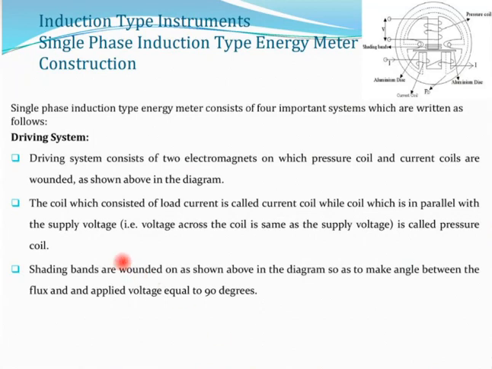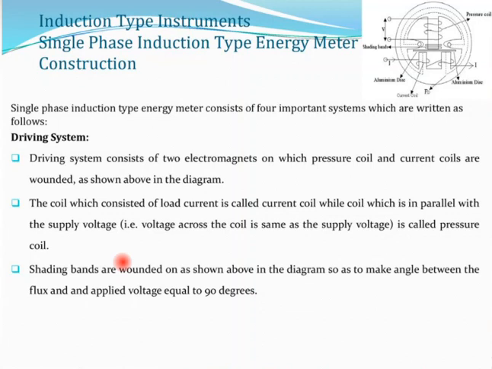Next, induction type instrument, single phase induction type energy meter construction. In this construction we will see the driving system. The driving system consists of two electromagnets on which the pressure coil and current coil are wound, as shown in the diagram in the right corner of the slide.